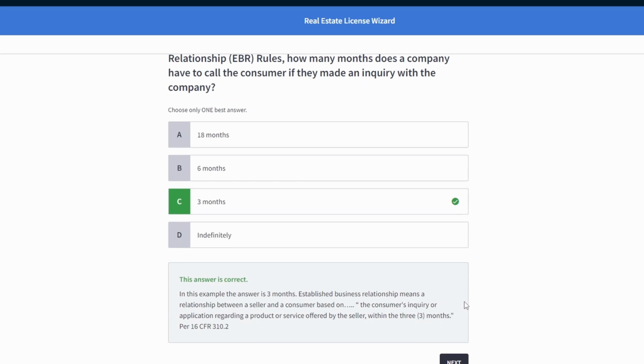So if you remember, the first one was indefinitely when we were talking about if you had a previous business relationship or they were one of your clients, obviously it's indefinitely. Here, it's going to be 3 months. So established business relationship means a relationship between a seller and a consumer. The consumer's inquiry or application regarding a product or service would be 3 months.